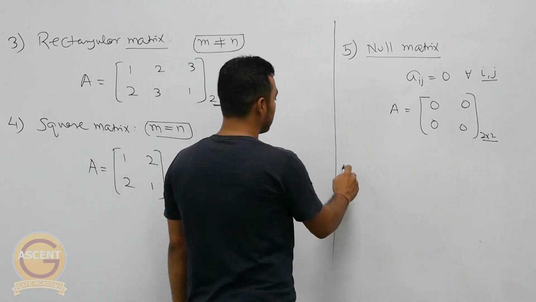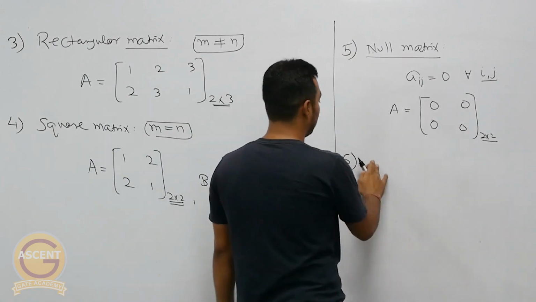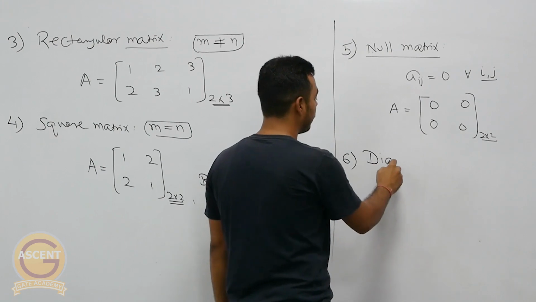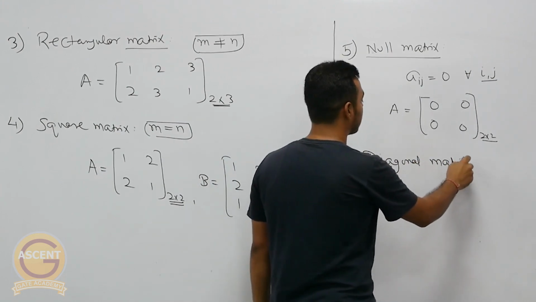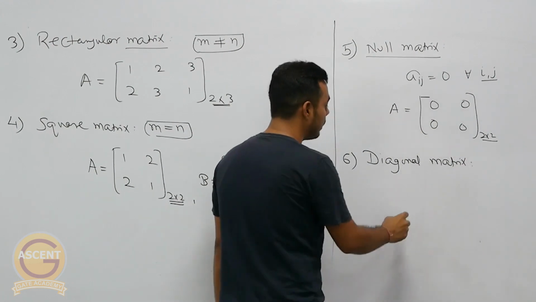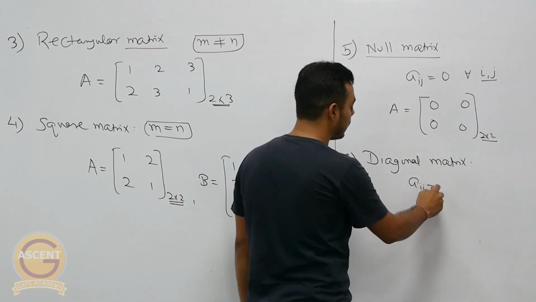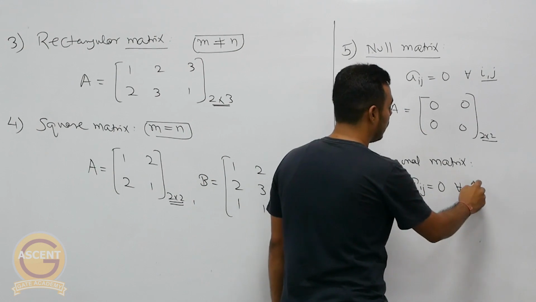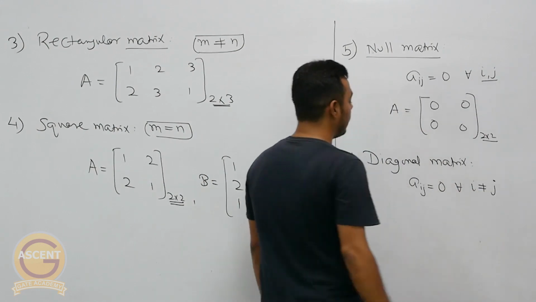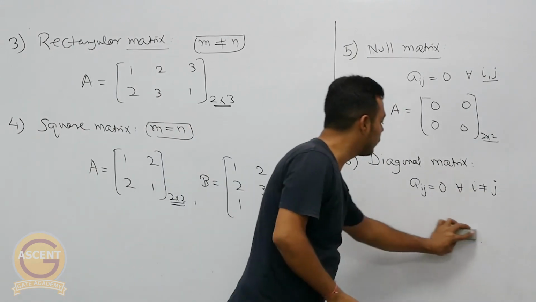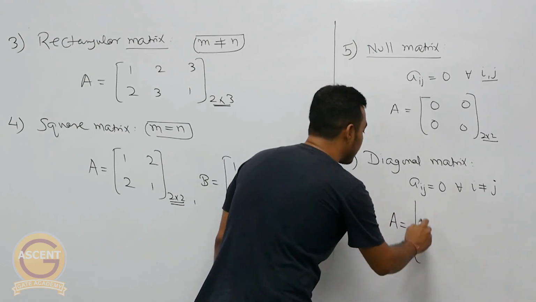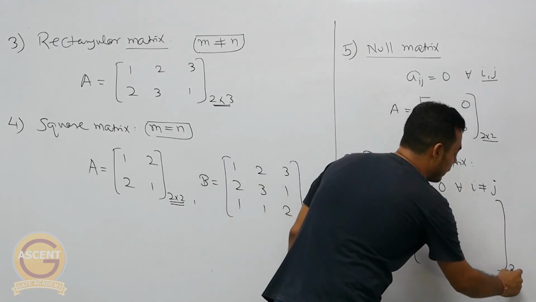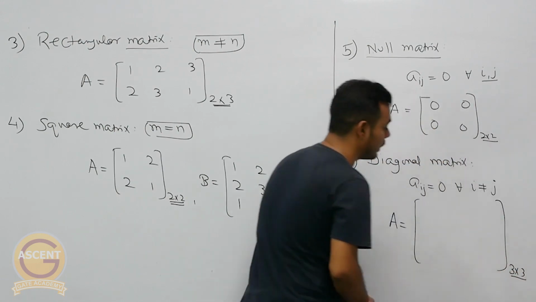The next one is the diagonal matrix. Now this is a very important type of matrix, the diagonal matrix. The definition of a diagonal matrix is Aij is 0 for all i not equal to j. Now let me explain this with the help of one example. Suppose I have a matrix of order 3 into 3, which has 3 rows and 3 columns.